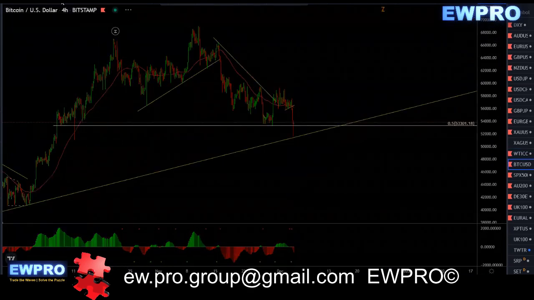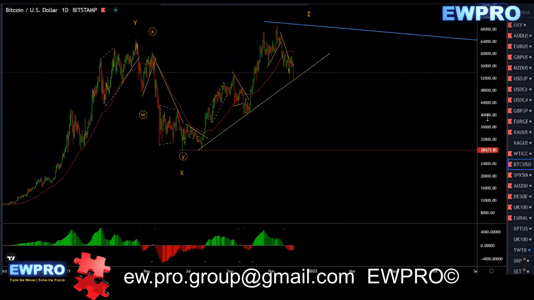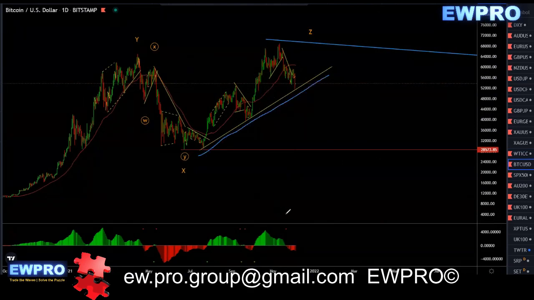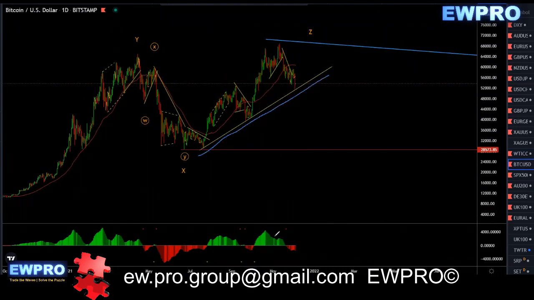Looking at the Bitcoin on the daily, we got that Z up. We're still within this trend line, and like I've been saying, I can't rule out, we do have that bull hidden here, so there is a chance that this is an expanding flat and we get another one up here.